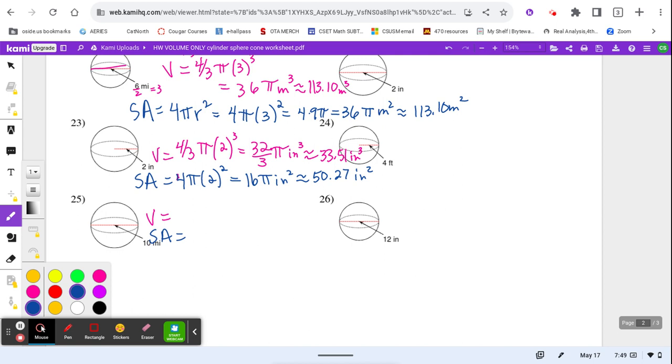If the hole diameter is 10, then my radius is just 5. 5 cubed is 125. 125 times 4 divided by 3. And that's going to be miles cubed. Putting that in a calculator gives us 523.60 miles cubed.